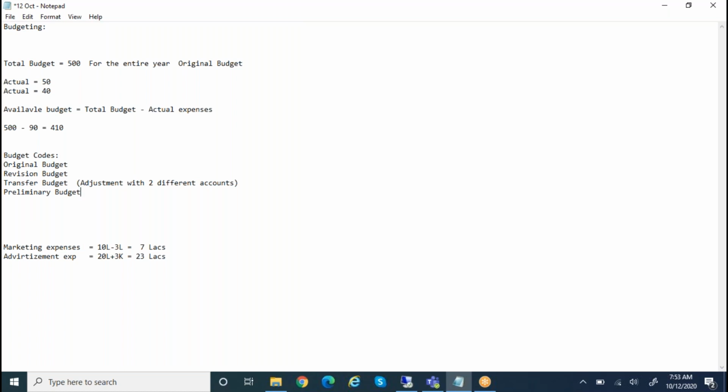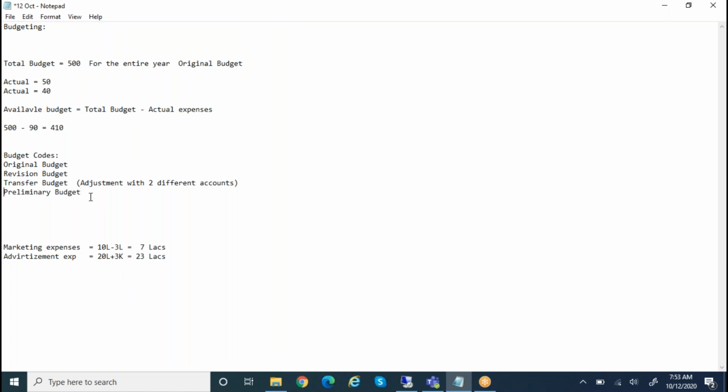Preliminary budget. If you remember, in 2014 the UPA government published a budget only for four months. Once the new government formed in the month of May, at that time they declared the budget for the remaining period. That is the preliminary budget.